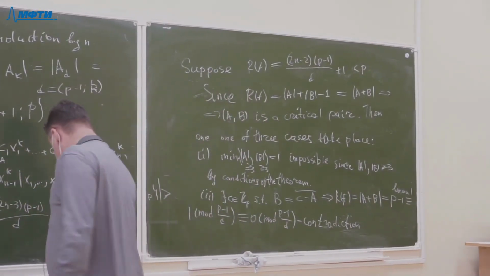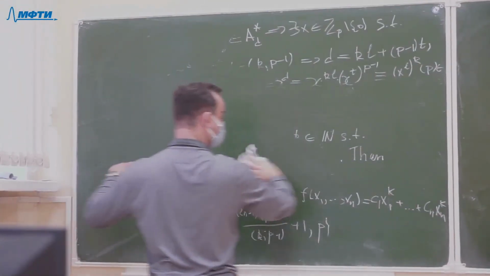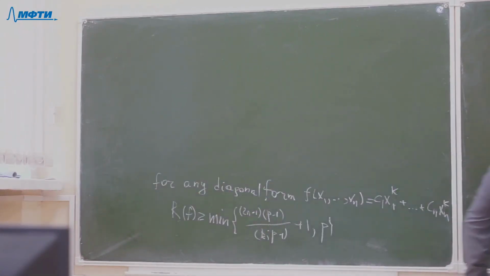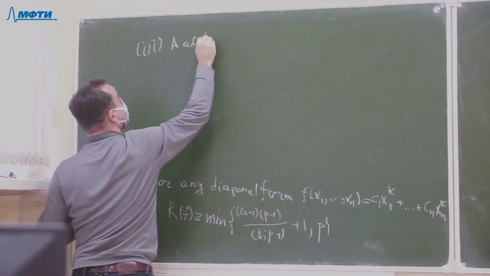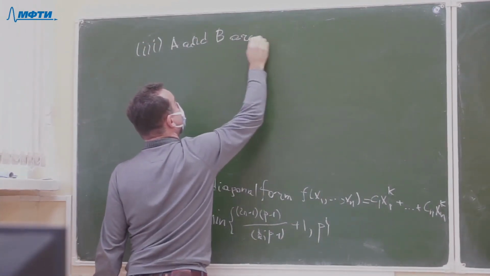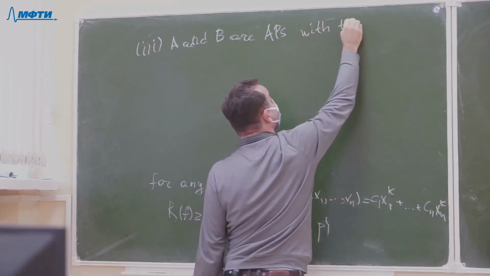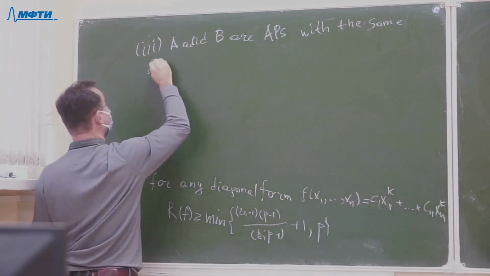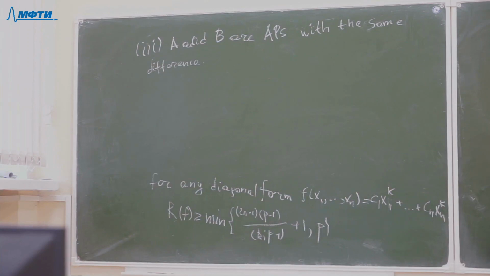The third case in Vosper's theorem claims that A and B are arithmetic progressions with the same difference. Why is this case not possible?